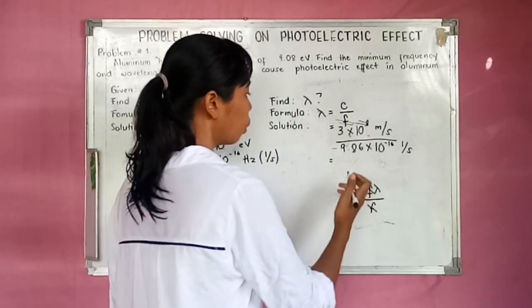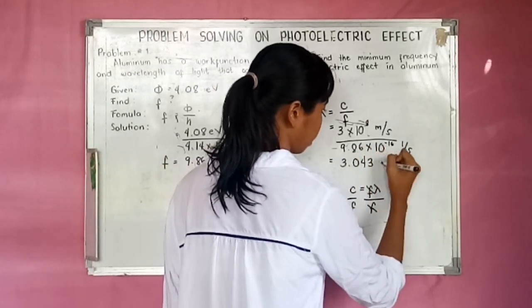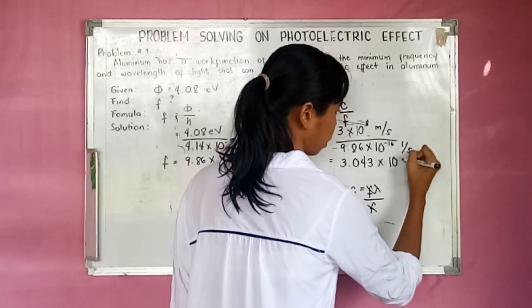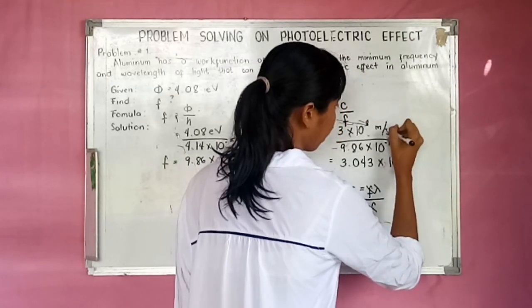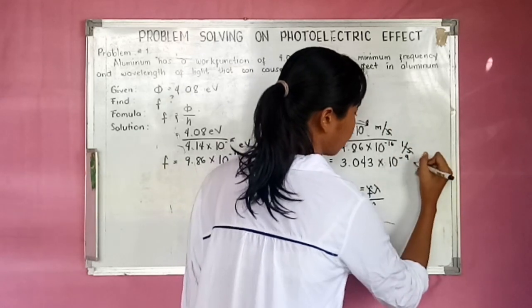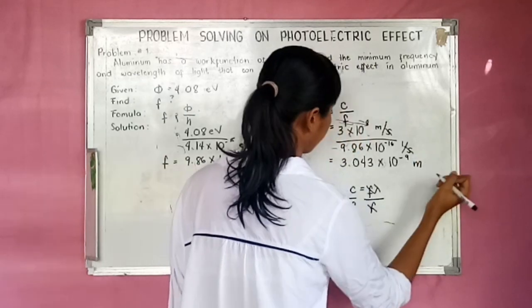When you divide it, we will get 3.043 times 10 raised to negative 9. And then we will cancel this out, and the unit of measurement will be in meter.